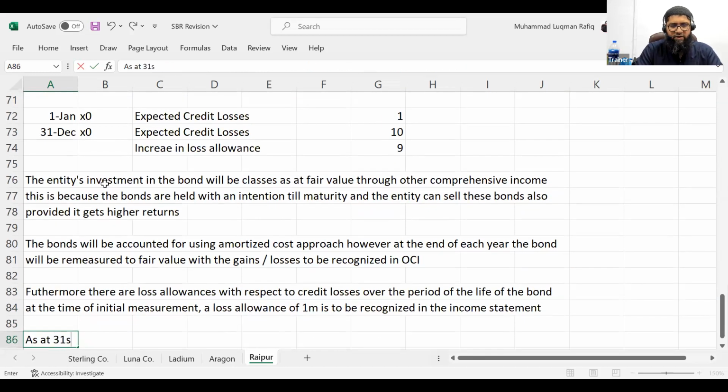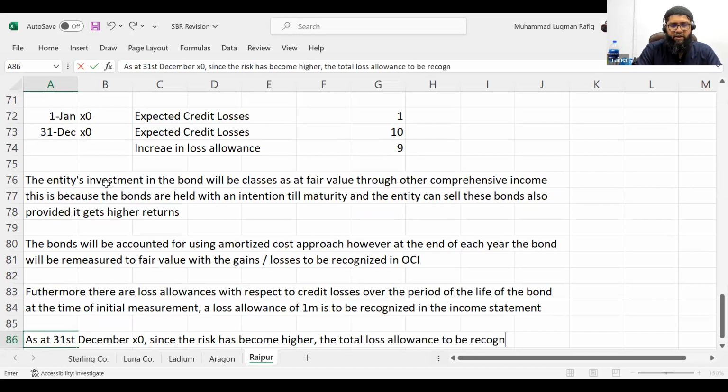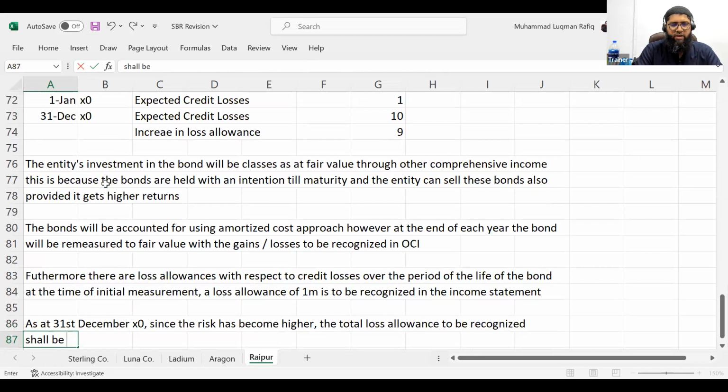As at 31st December X0, since the risk has become higher, the total loss allowance to be recognized shall be 10 million with a charge of $9 million to be recognized in the income statement.